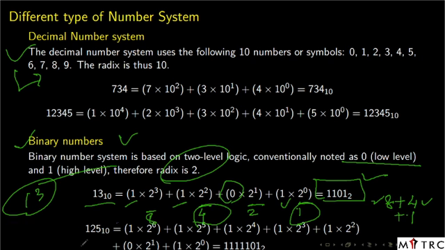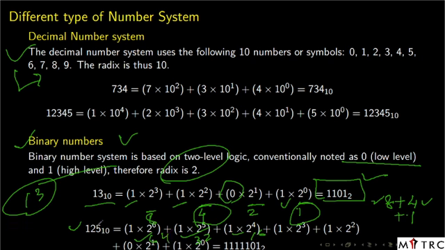And similarly, 125 can be written in terms of its decimal value. For example, this number is represented with the weights 2 to the power 0, and then we have 16, 32, and 64.